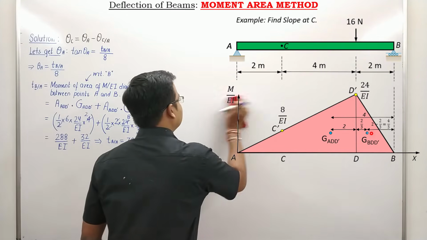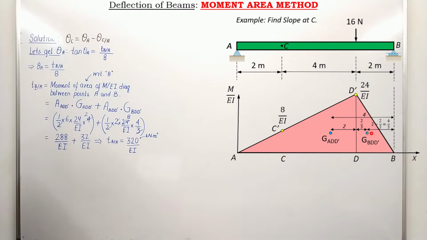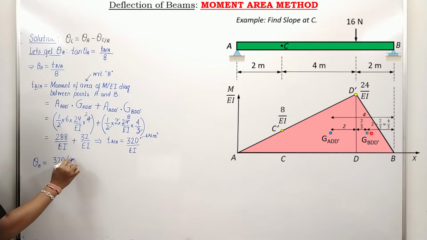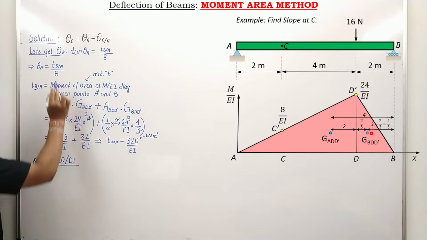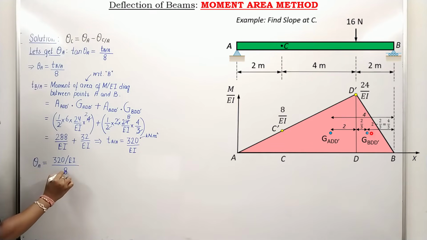Let's proceed now. So we know very well what the value of TB2A is. And if you know the value of TB2A, you can obviously get the value of theta A. Theta A is equal to this 320 over EI, that is TB2A whole divided by 8.